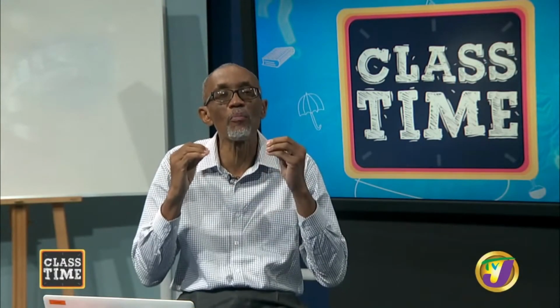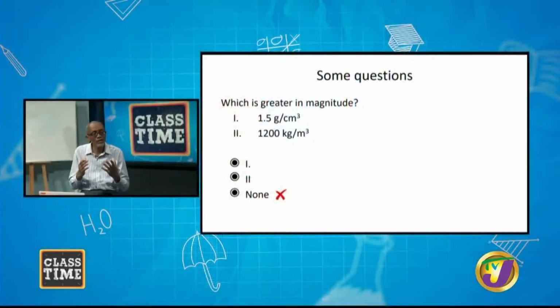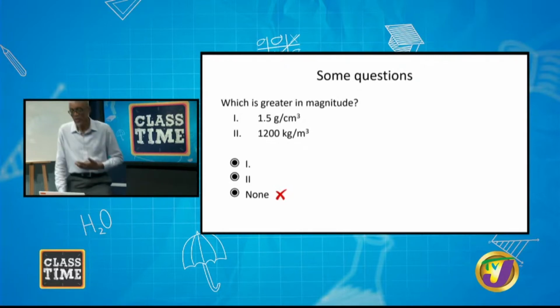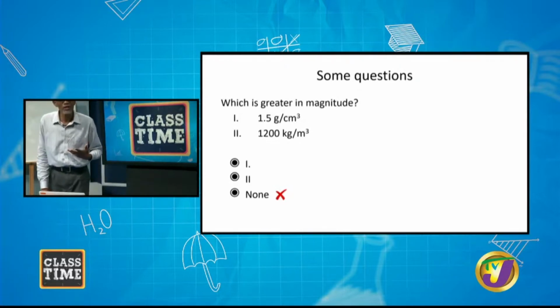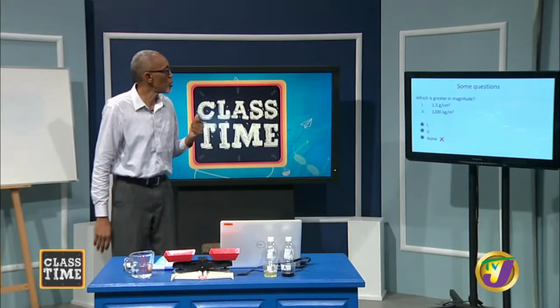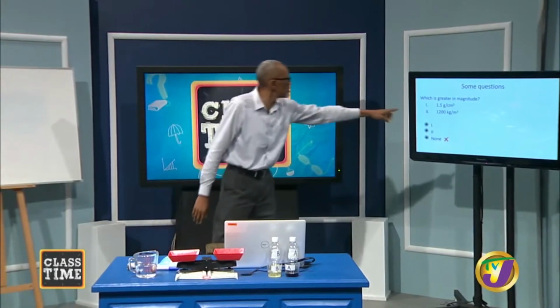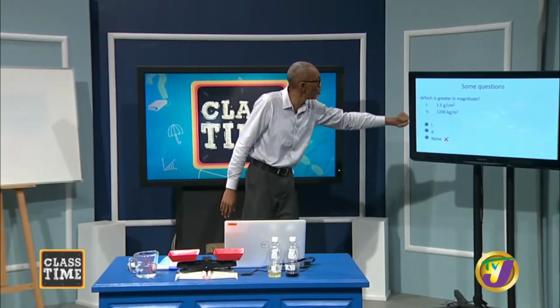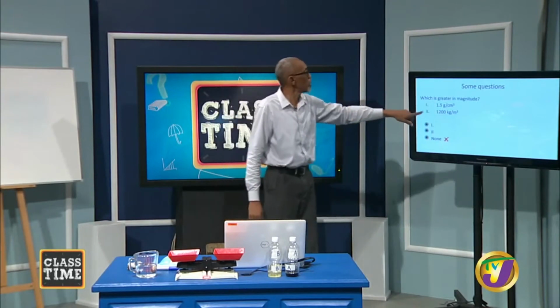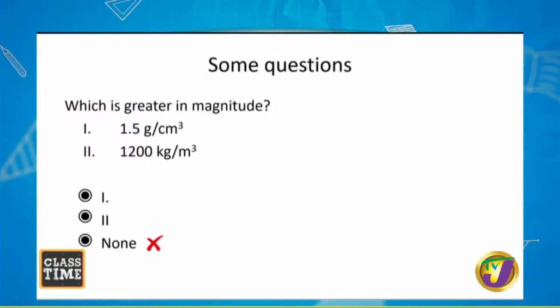Then we can compare the quantities. We can convert gram per cm cube to kilogram per meter cube, or we can convert kilogram per meter cube to gram per cm cube, and then we compare the quantities. All right, so let's do that.